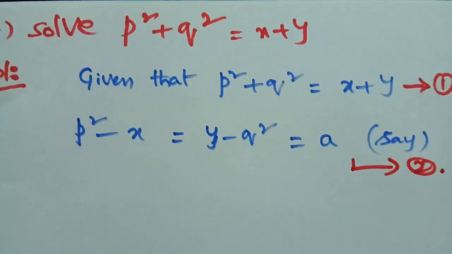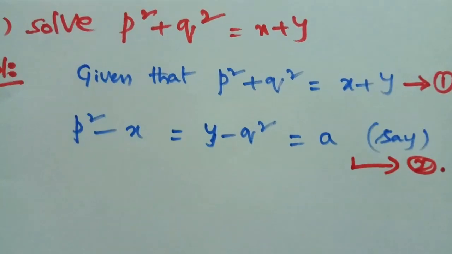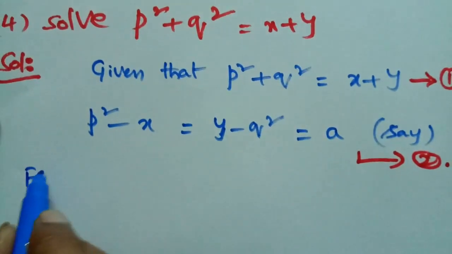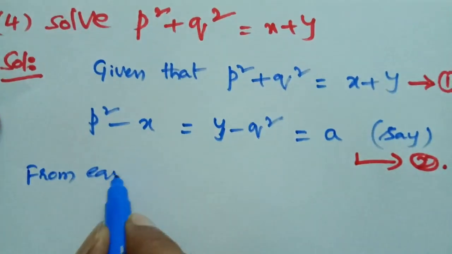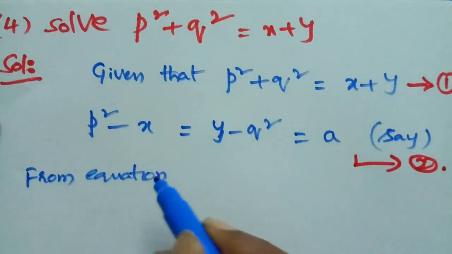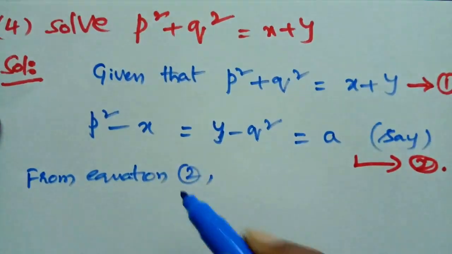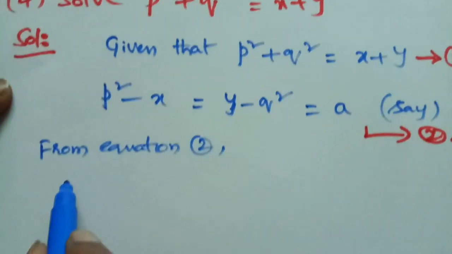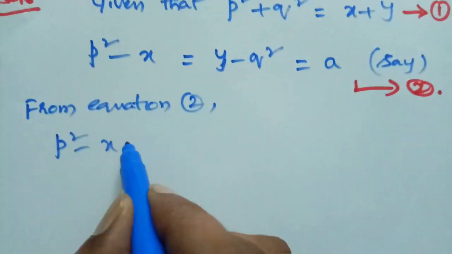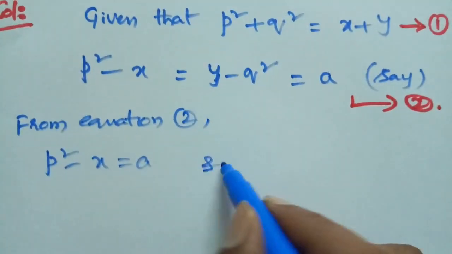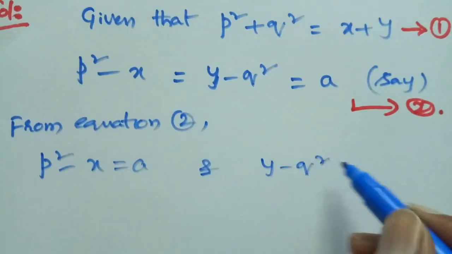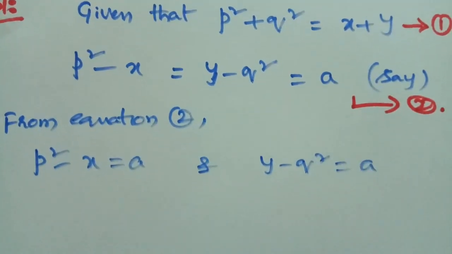From equation 2, this can be written as p square minus x is equal to a and y minus q square is equal to a.